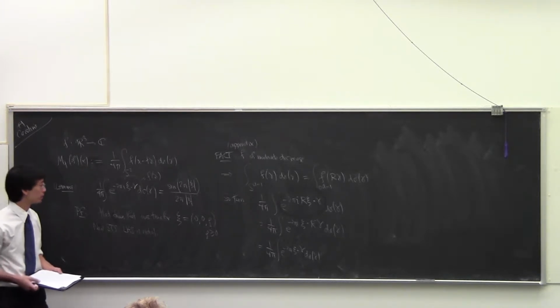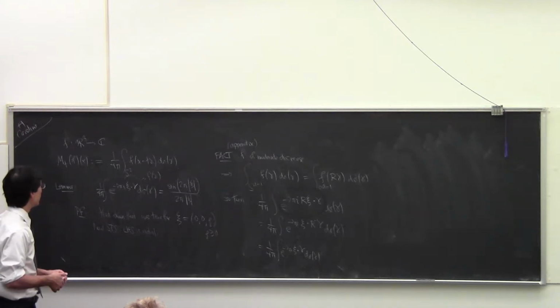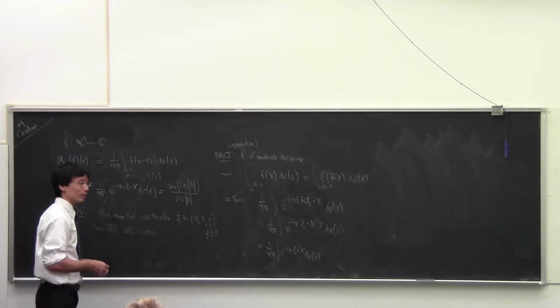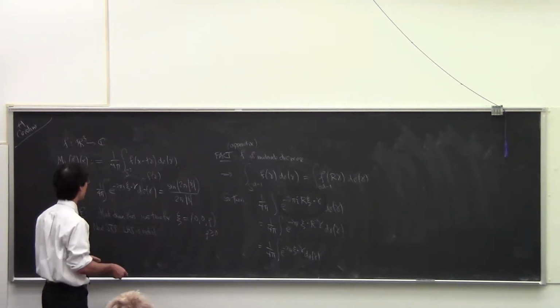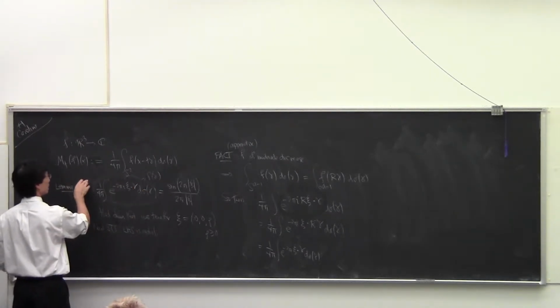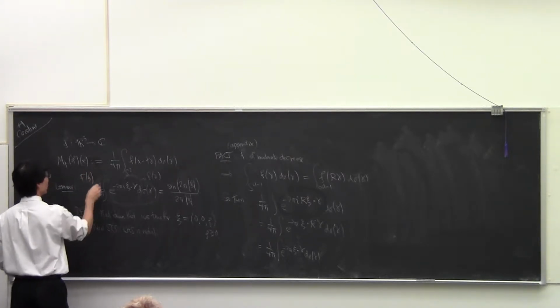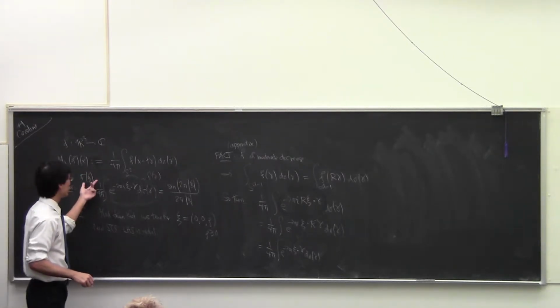So we think of the exponent as a function of gamma. We're thinking of it in two ways. First, we think of this whole thing as a function of xi, call it F of xi, defined by integrating this thing.